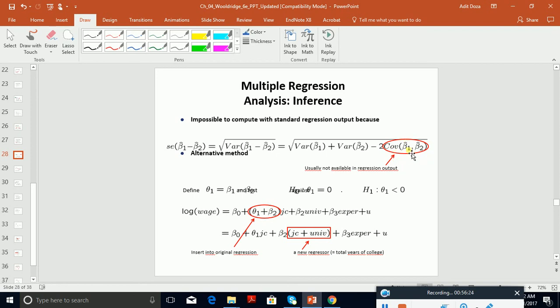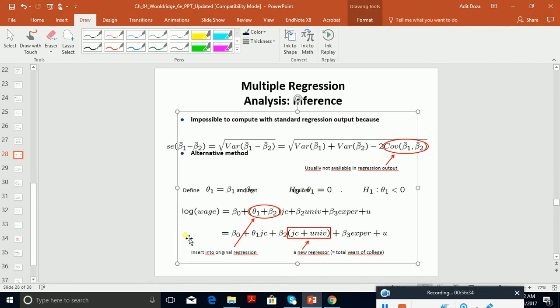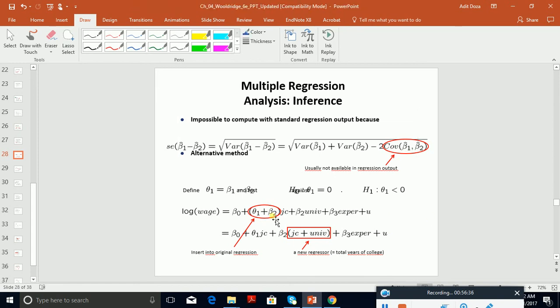But usually in a regression output we don't have this covariance. So how do we solve that? We have to define a variable, right? And when you define a variable, only then, if you watch the last 10 minutes of my lecture 16 video, it will be clear.